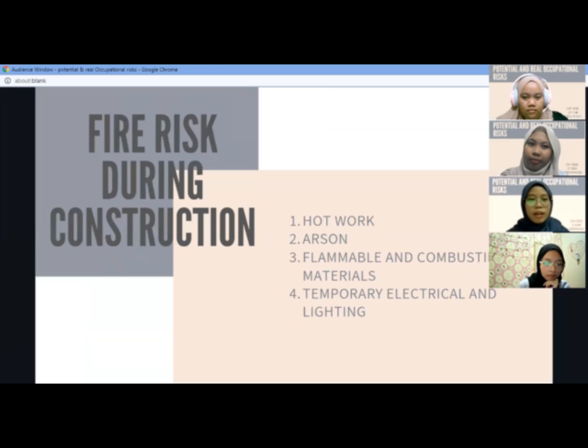So there are a few fire risks during construction. Number one is hot work. Second is arson. Third is flammable and combustible materials. Fourth is temporary electricals and lighting.